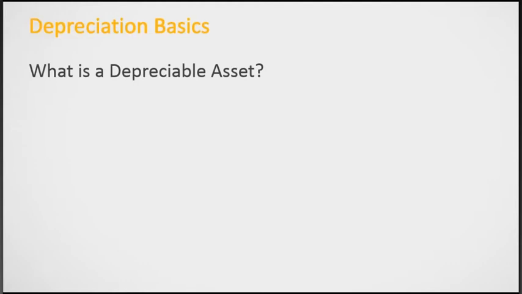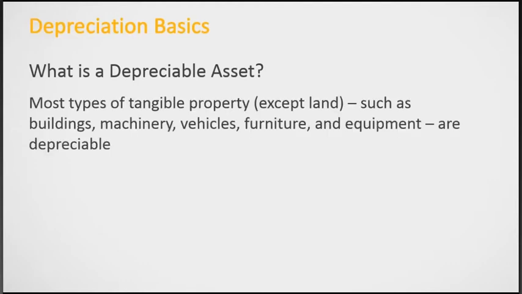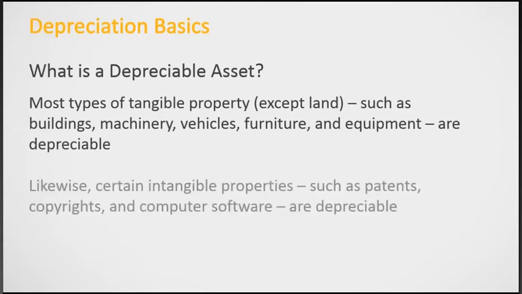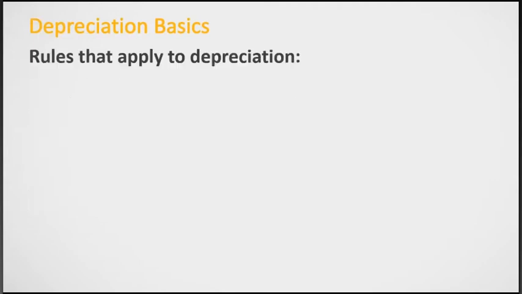So depreciable assets, most types of tangible property, such as buildings, vehicles, furniture, equipment, computers, they're all depreciable. Land is not depreciable. There's certain intangible properties, copyrights, computer software, patents, and they are also depreciable. There are certain rules that do apply to depreciation.